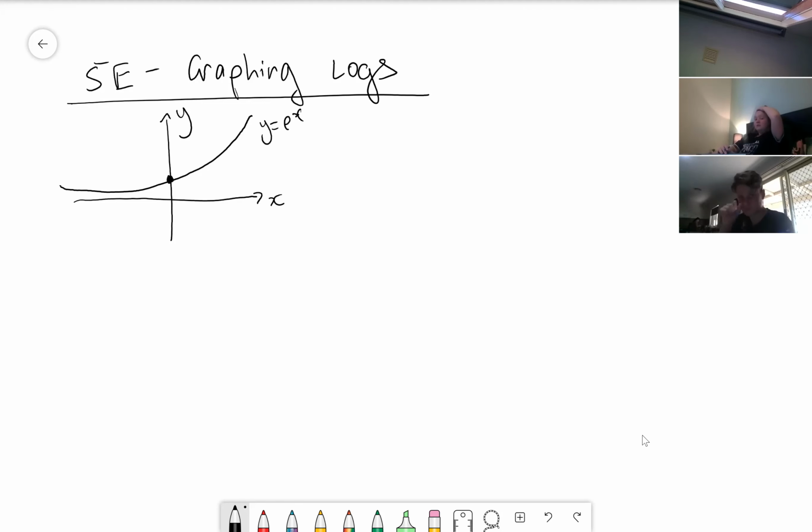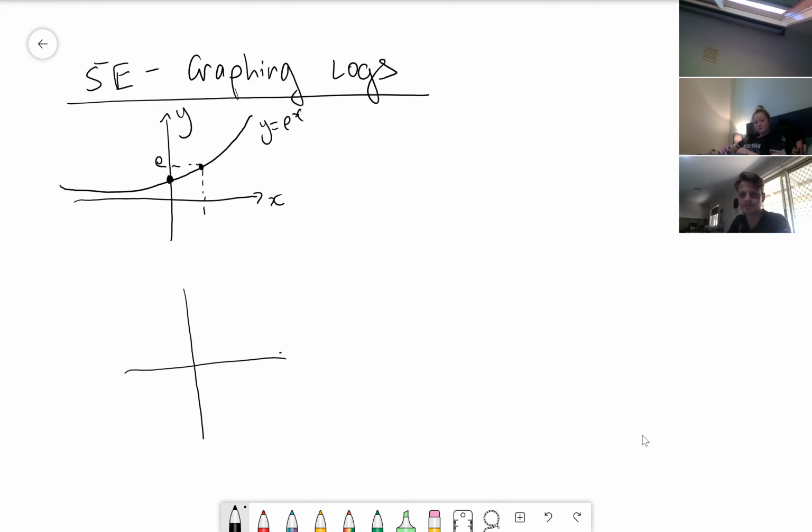We looked at the asymptote as well. And then we also looked at the value when x is equal to 1, and the value was e. So there were 3 main things we looked at, and it's going to be a similar approach with our log graphs as well.